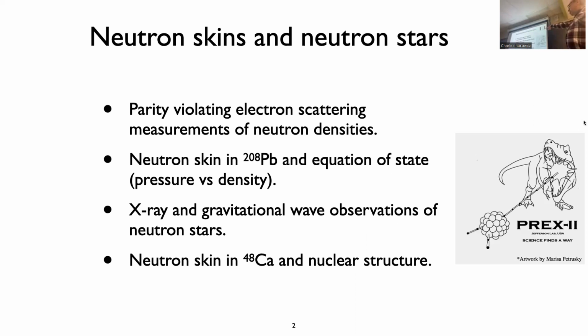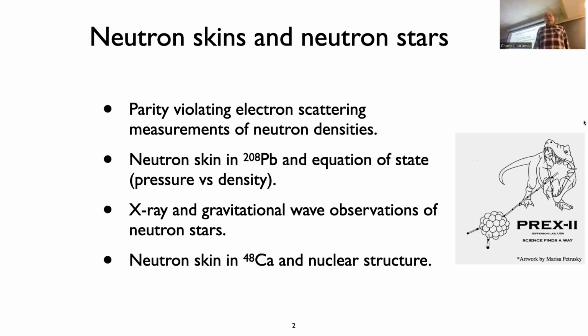So the PREX experiment measures the neutron skin in lead. This is a way of measuring the equation of state, measuring the pressure of neutron-rich matter, and I'll motivate that. And then I'll compare the pressure here from this experiment in the lab with X-ray and gravitational wave observations of neutron stars.